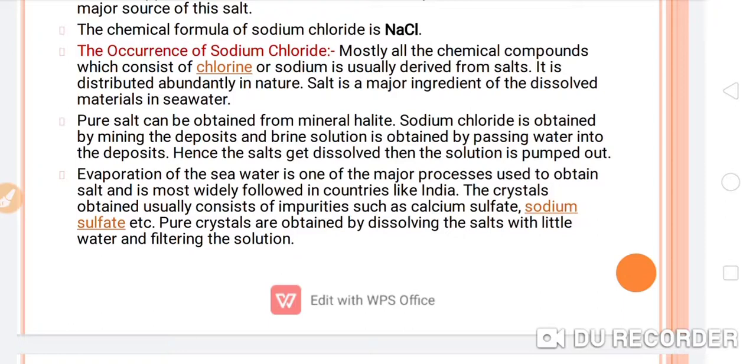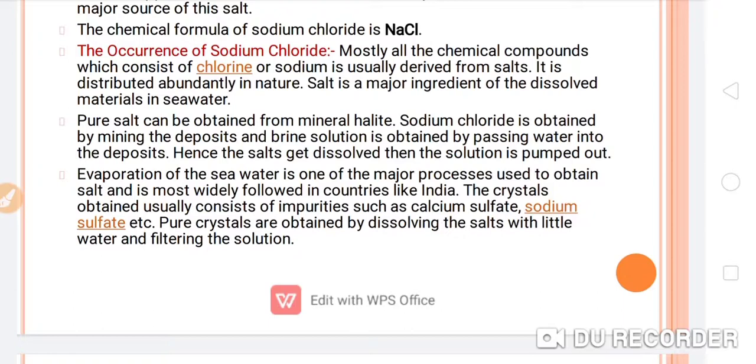Now next, how can we recover it? Evaporation of the seawater. If you want to get it from seawater, how will we get it? Evaporation of seawater is one of the major processes used to obtain salt and is most widely followed in countries like India.